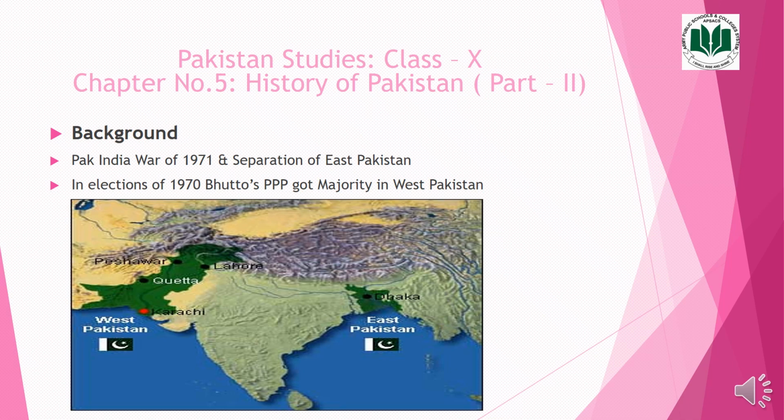You can see on the map over here West Pakistan and East Pakistan; we were having two wings before the separation of the East wing. After the separation of East Pakistan, General Yahya Khan handed over powers to Zulfikar Ali Bhutto, who won the majority of seats in West Pakistan.